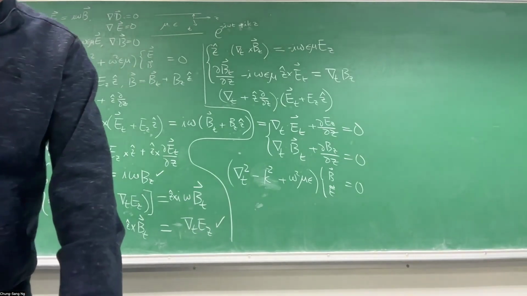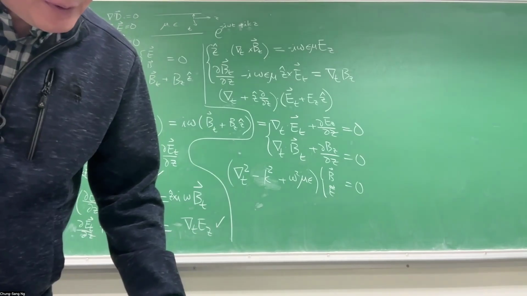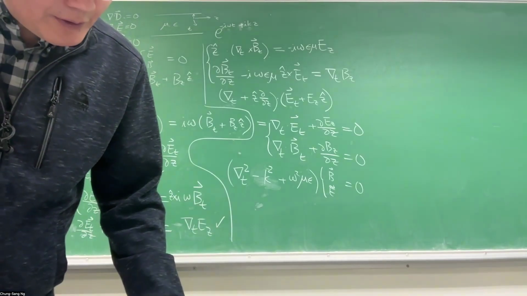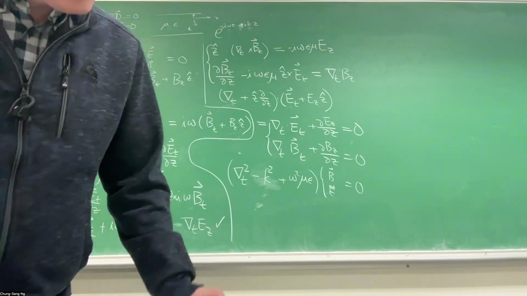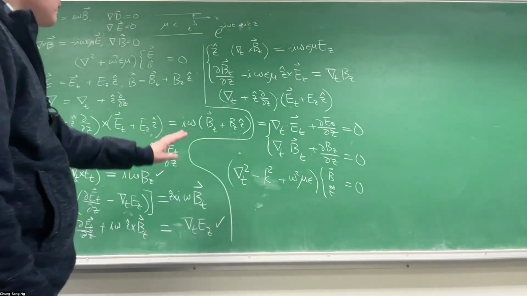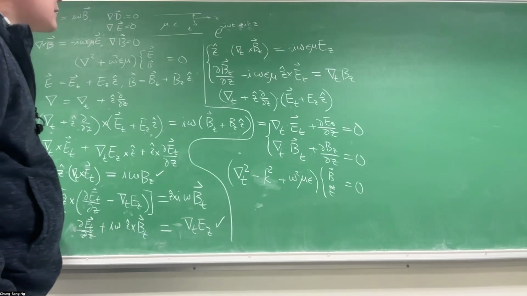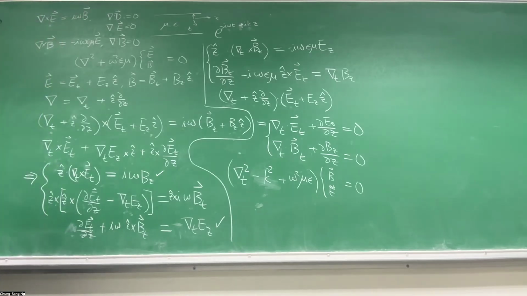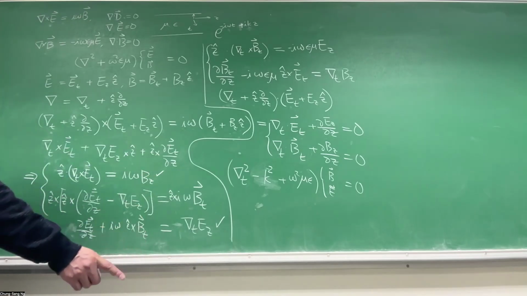So that's all for this equation. The next two equations need some work to get to. 8.26 A and B. The reason we write these four equations in this form is to derive the next set of equations, 8.26, and the goal is to express the transverse components in terms of the z components.